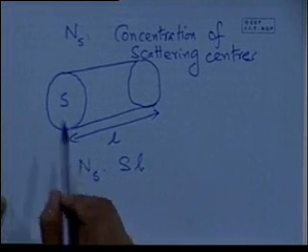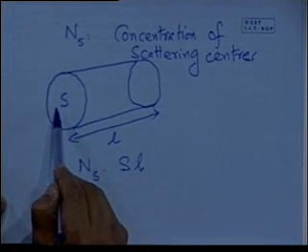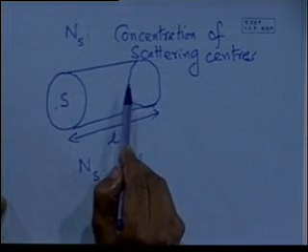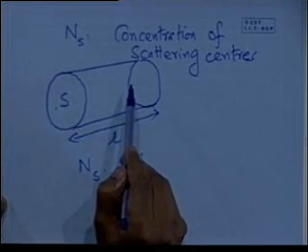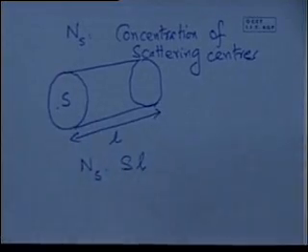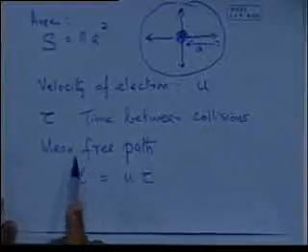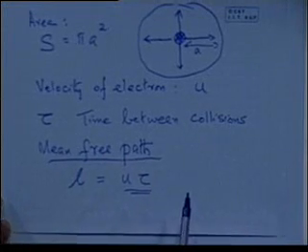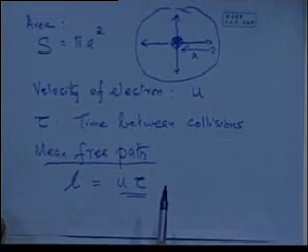You follow that? So the electron got scattered here. It's going to travel for a distance L before it gets scattered again. That's what we mean by the mean free path that I just defined as u tau. It's not going to undergo scattering till it gets on an average past L. Remember, this is an averaged out value.